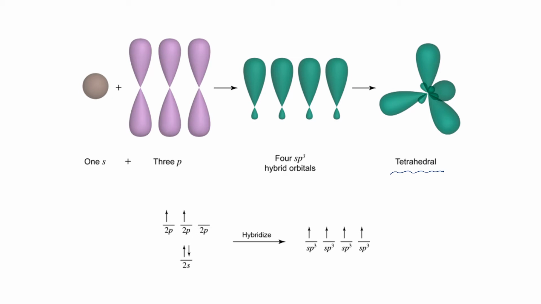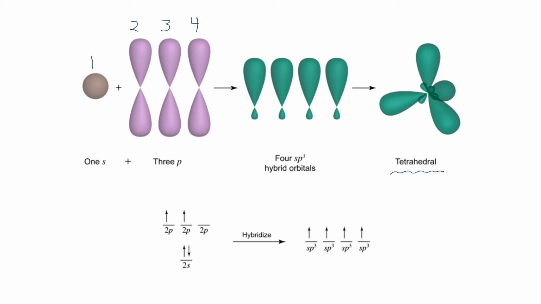The first of those orbitals will be an s orbital. We always start with s. Then we'll also take a p orbital, that's orbital number 2, another p orbital, that's orbital number 3, and then finally the third orbital from that p subshell, which is the 4th orbital for our hybridization process.